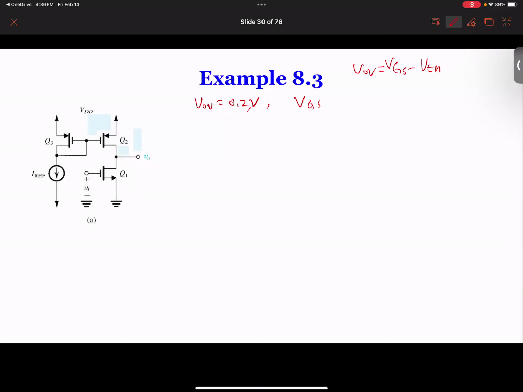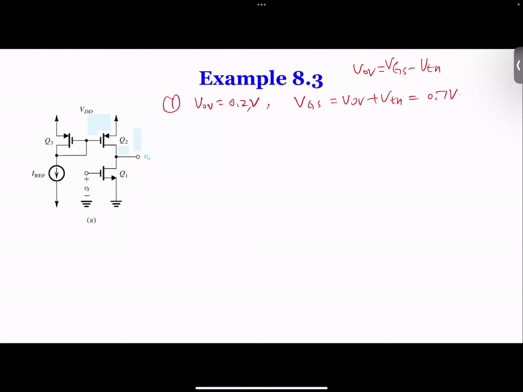For MOS, it's VGS minus VTN. So VGS equals VOV plus VTN. In this case, VOV is 0.2 and VTN is 0.5. So this gives you 0.7 volt. So we got this first step.